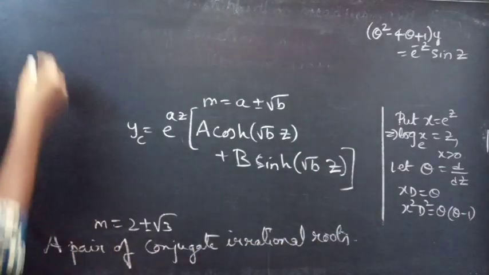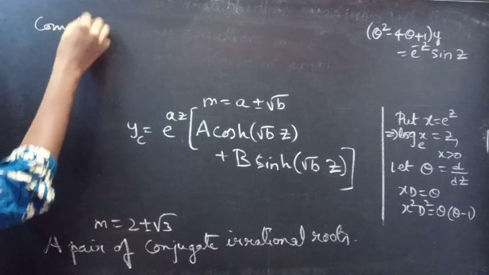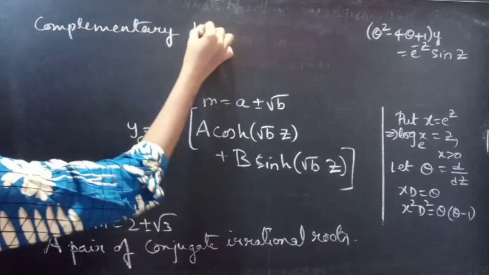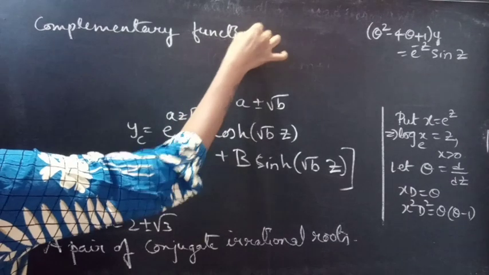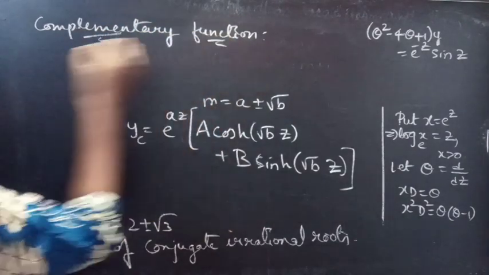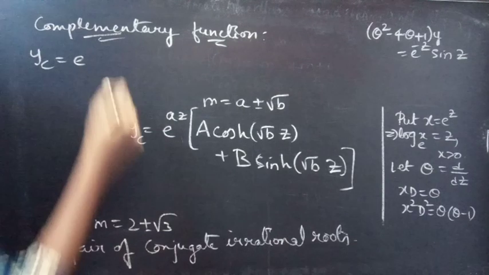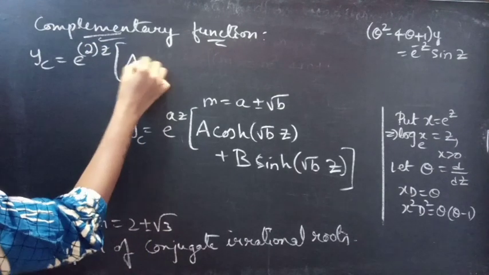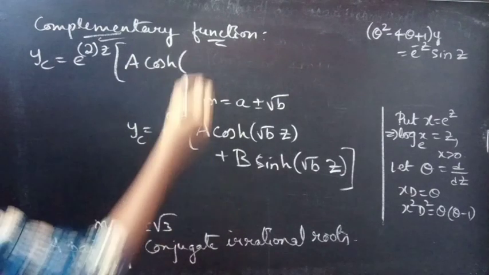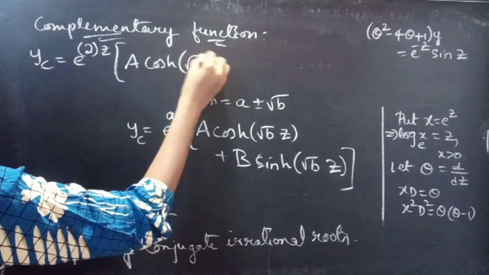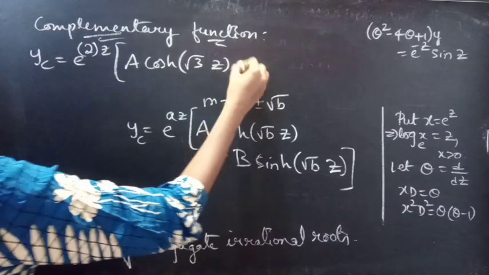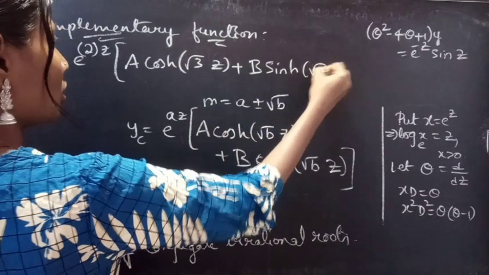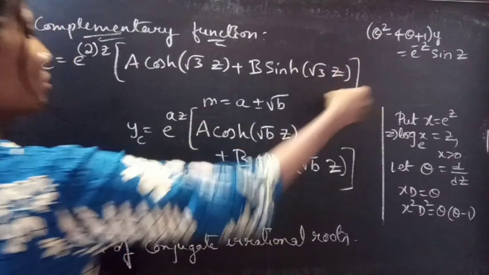Now our complementary function looks like yc equals to e power 2z into constant into cosh root 3 into z plus constant into sinh of root 3 into z.